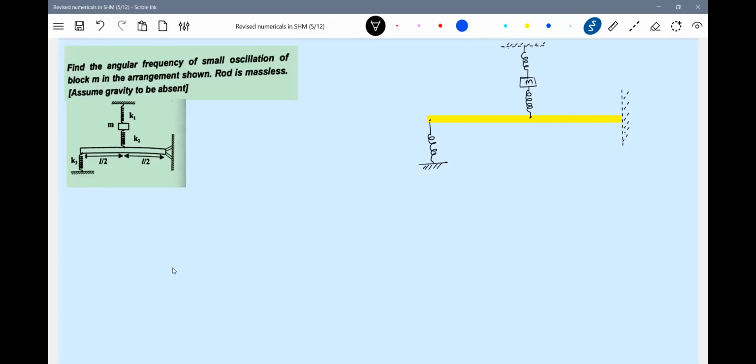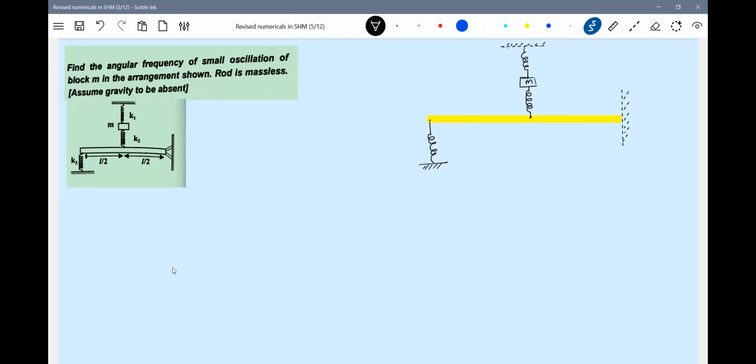Assume gravity to be absent. Two very important things are that the rod is massless and gravity is absent.